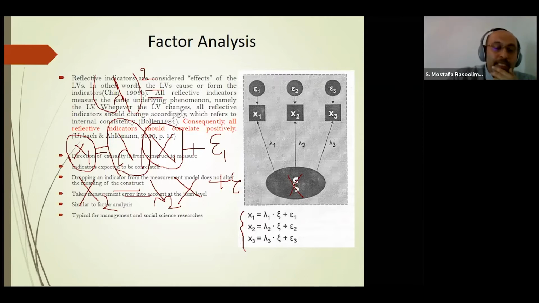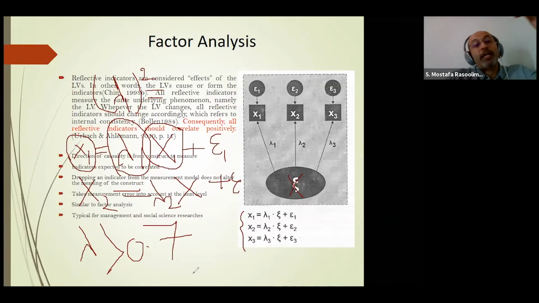So later we'll see in the literature, in the first stage, we say this loading should be higher than 0.7 to be acceptable. Lower than 0.7 also is acceptable, but the best is higher than 0.7. Why?